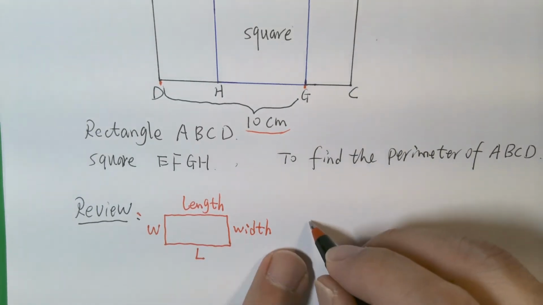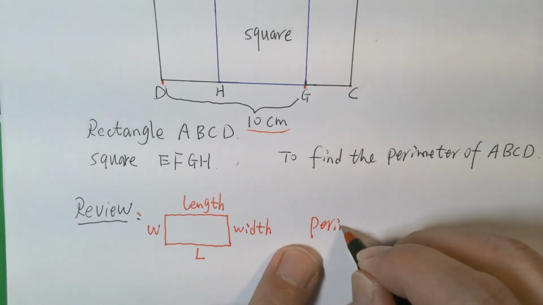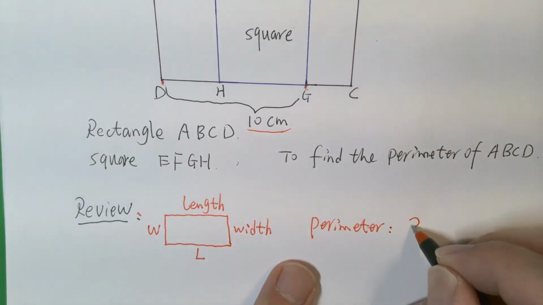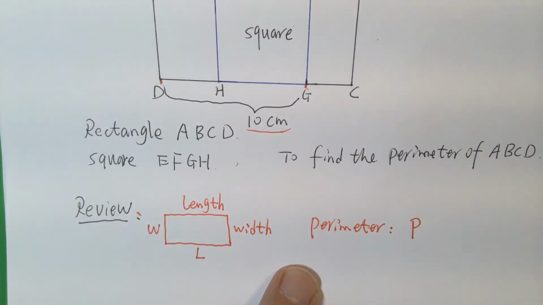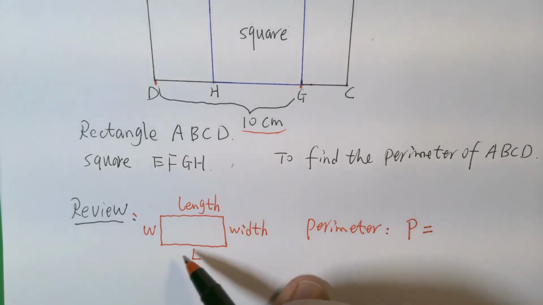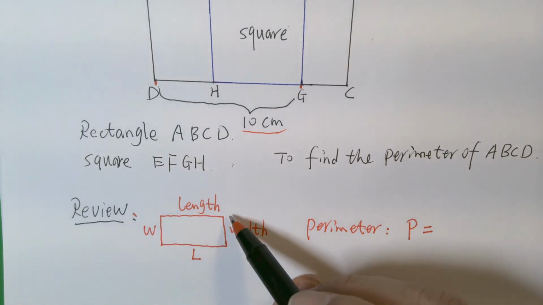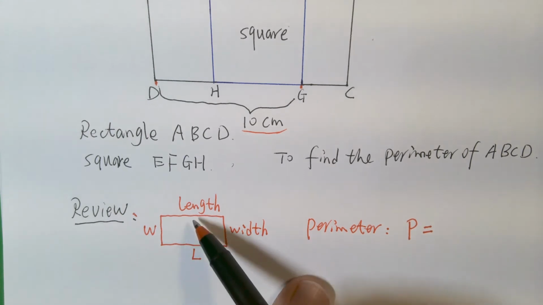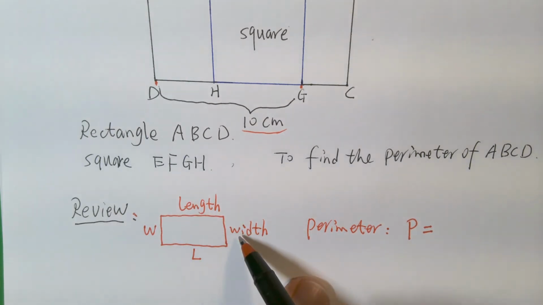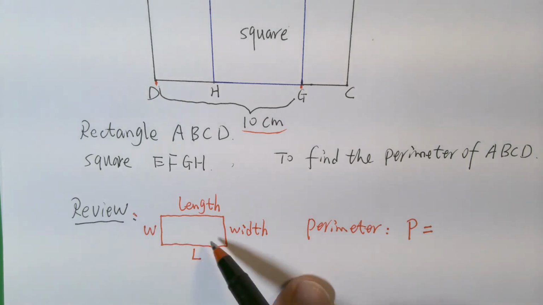How do we find the perimeter? The perimeter of a rectangle, let's call the perimeter P, equals you add up all the lengths: two lengths on the top and the bottom, two widths from the left and the right.